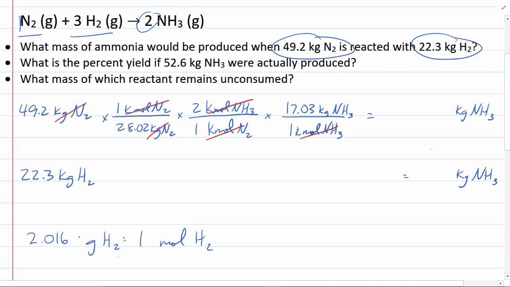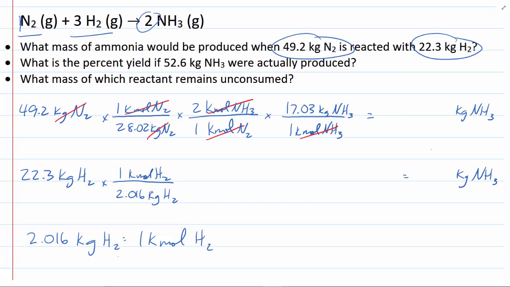But since we have units of kilograms, we could say that this is also the number of kilograms for every 1 kilomole. Placing it into the setup would put the 2.016 kilograms of H2 down below and the 1 kilomole of H2 up above. This enables us to cancel out units of kilograms of H2.